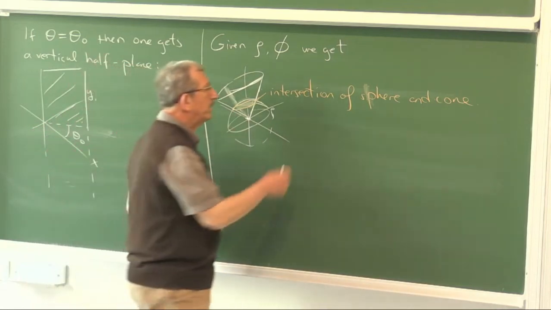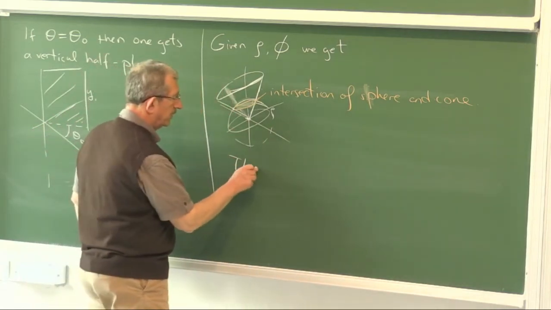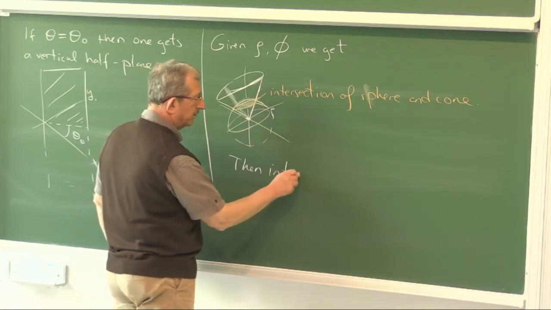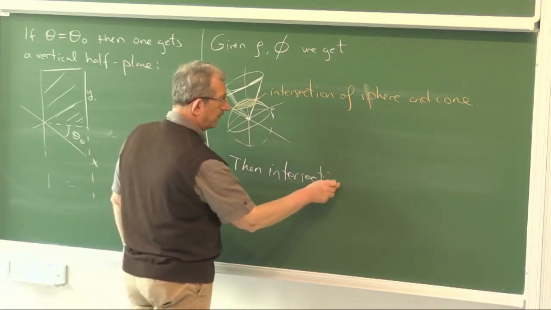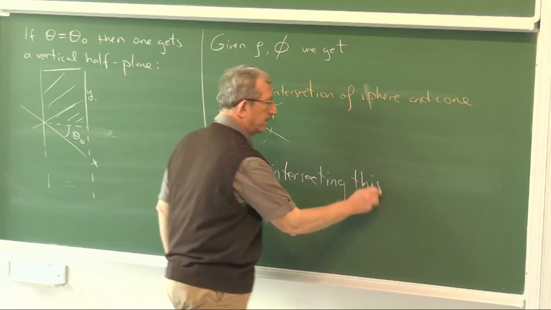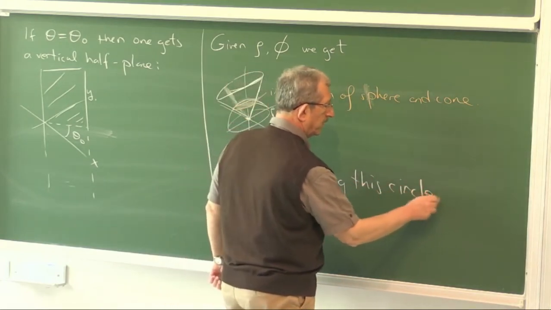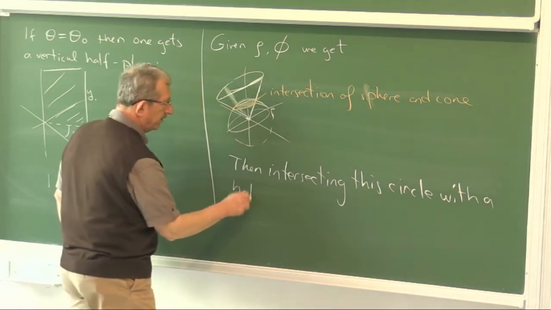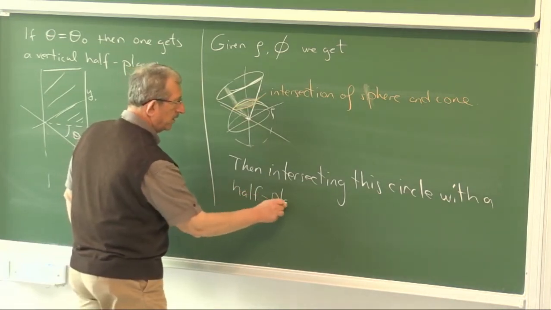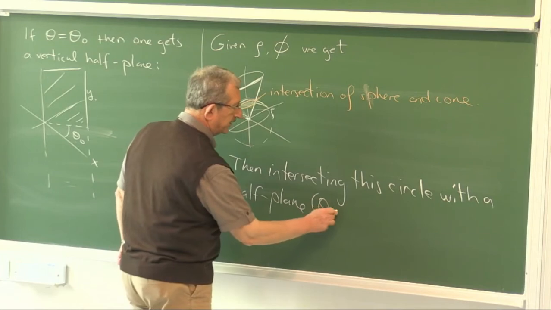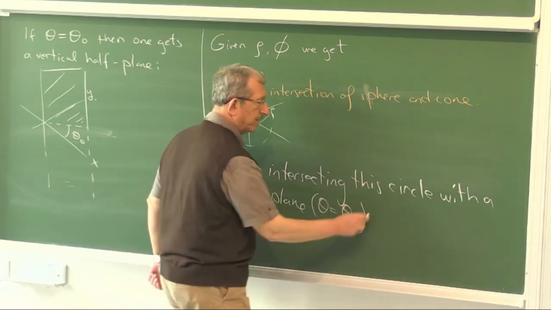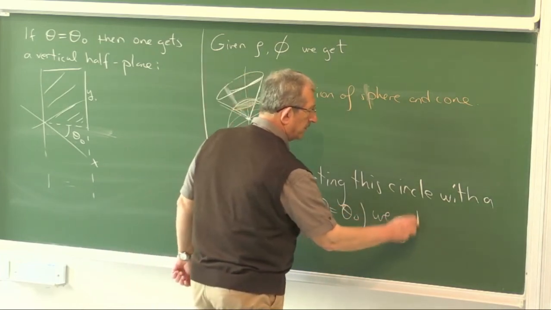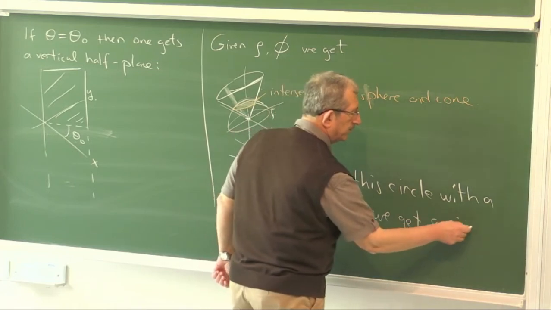Okay, then intersecting this circle with a half plane, that means theta is theta 0, okay, we get a single point.